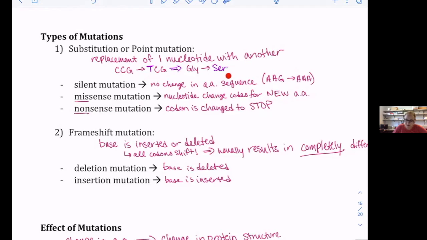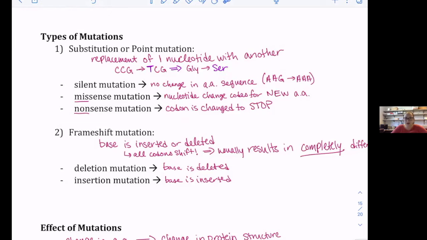Like what I drew up here, if you change this CCG to TCG, you have glycine originally, but now it's serine. So this would be a missense mutation, a mistake that changes the amino acid. A nonsense mutation changes the codon to a stop, so it stops the protein at that point.